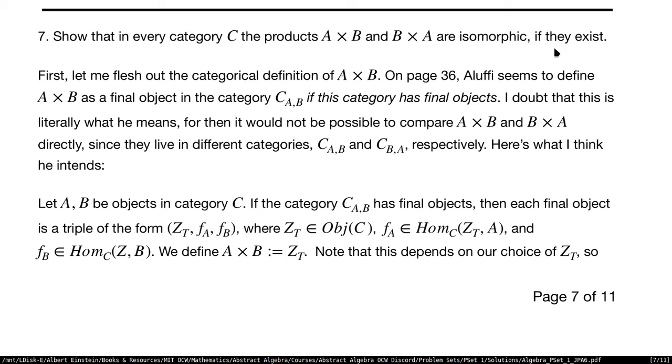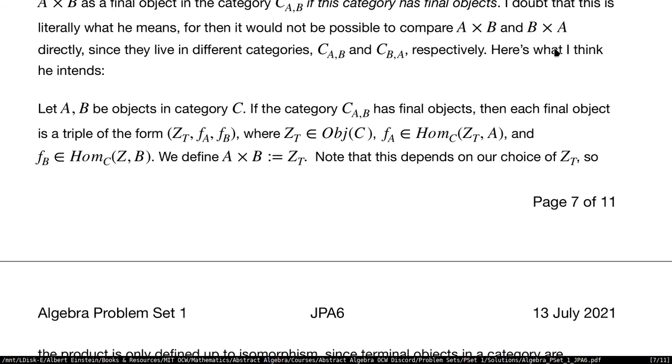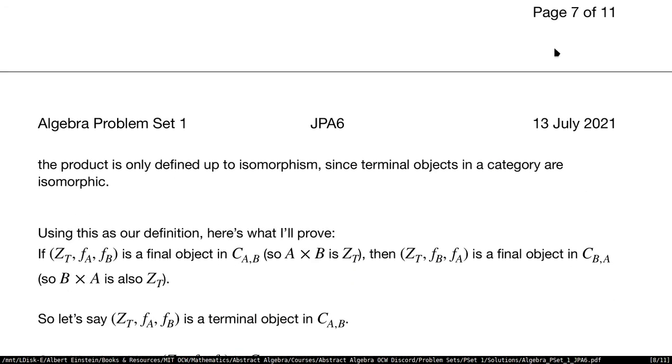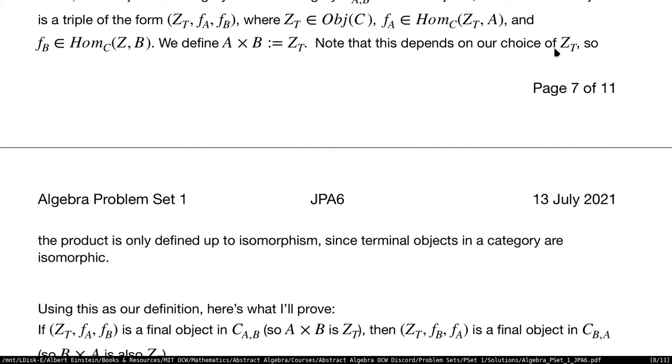The triple is an object Z_T from C, then a morphism from Z_T to A, and then a morphism from Z_T to B. Then you define this Z_T to be A cross B, the Cartesian product. So now the product is only defined up to isomorphism, since the terminal objects in a category are isomorphic. Okay.